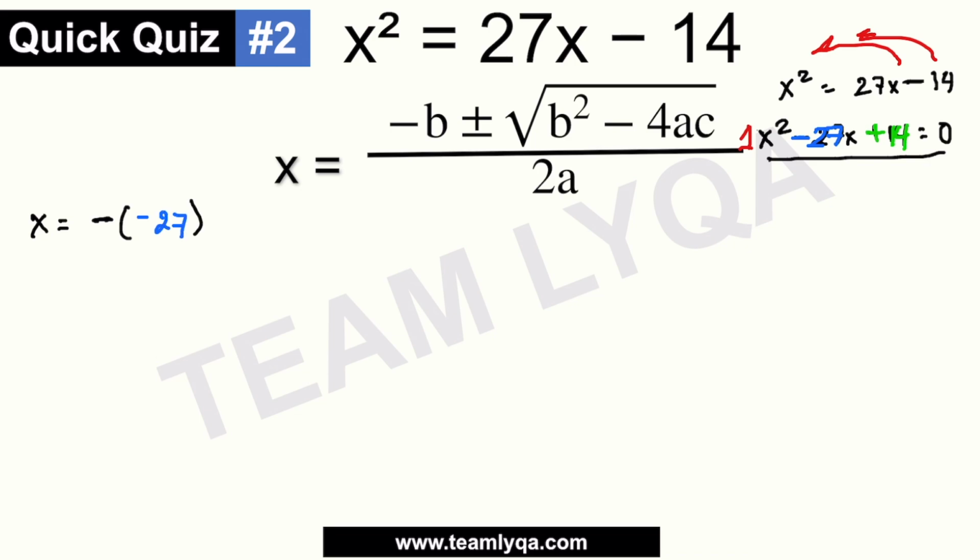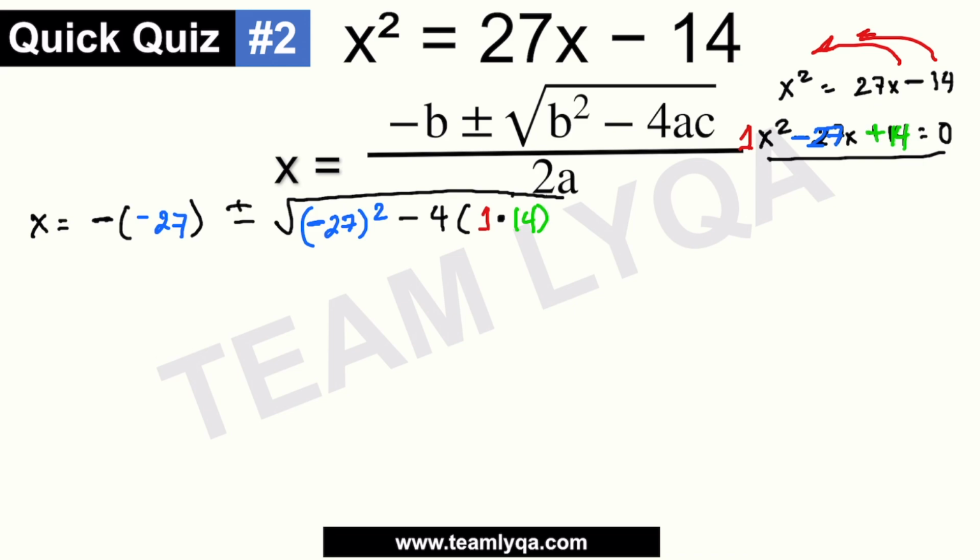Okay? So, negative of negative 27 plus or minus yung square root daw ng B squared. Ang B squared natin is negative 27 squared. Tapos, minus 4 times, ang A natin is 1 times the C, which is positive 14 or 14.